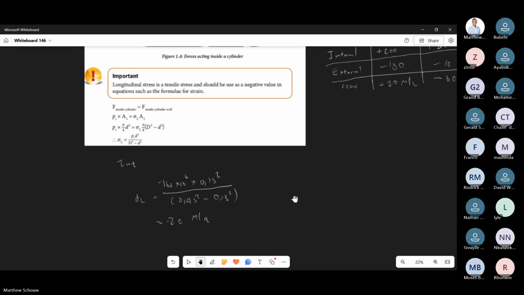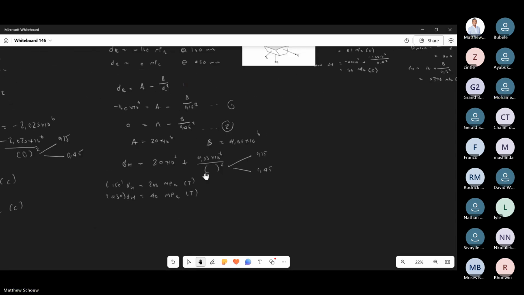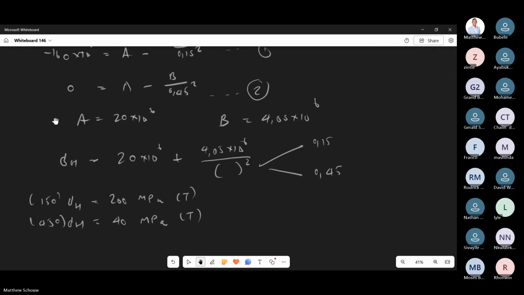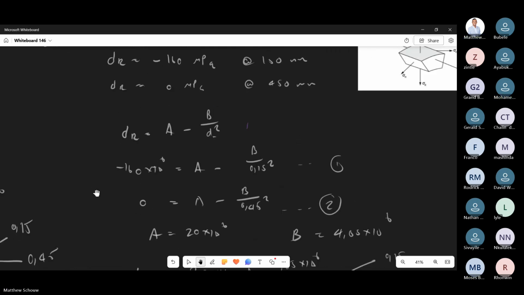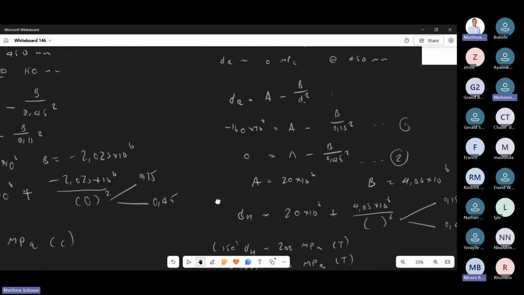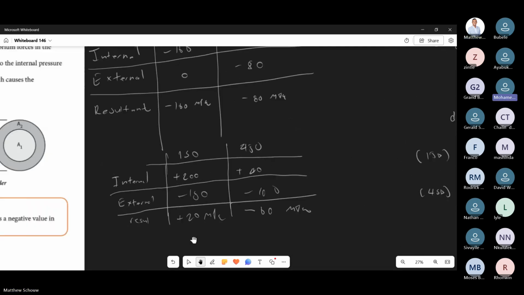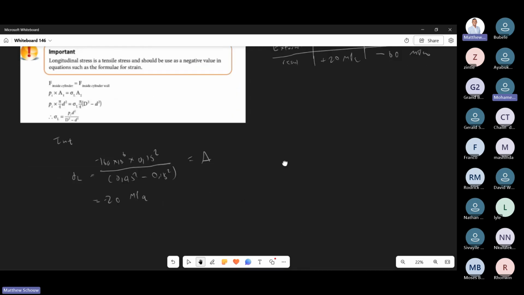Right, so let's go back to the internal side. What is my A value here? 20, right? So what I'm trying to tell you is that your A is the same value, so you can do it for the other one as well and you don't have to work it out.